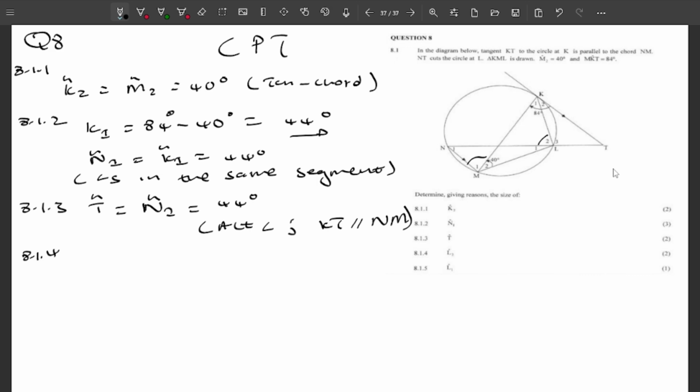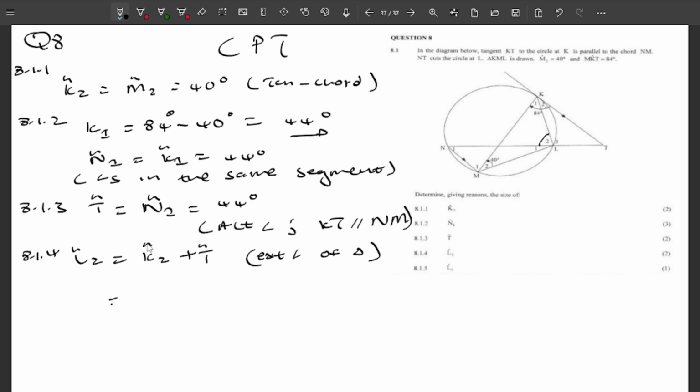We can see K2 and T, and this is our L2. So L2 is equal to angle K2 plus angle T, exterior angle of a triangle.